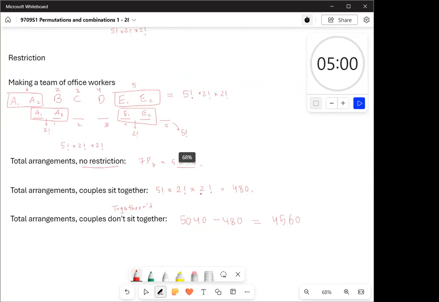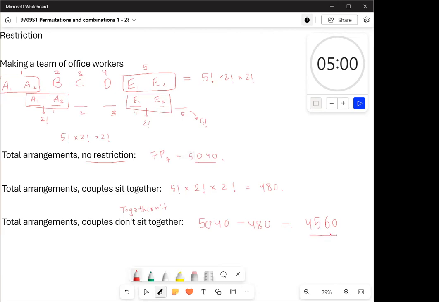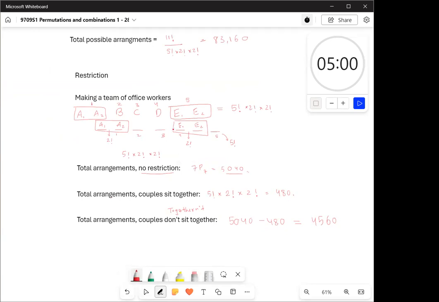We basically take the total world and all of the times which they were together, we subtract it. So that means we get the values when they're not together. So it's a high likelihood that they're not going to be sitting together. Okay, that's one way.